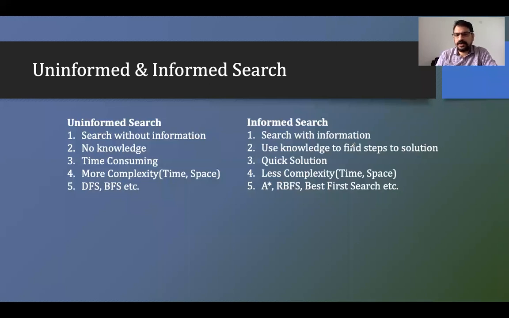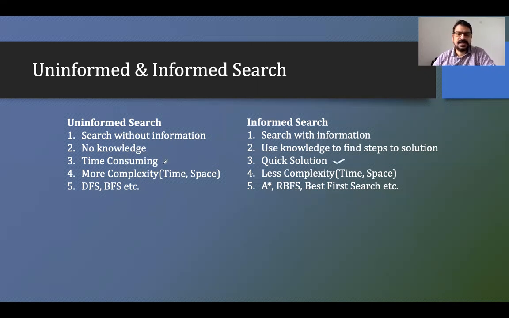But here in the informed search, we use some knowledge, the prior knowledge, which I told you, the prior information, the heuristic value. And based on that, we take the decision whether we have to go in that particular direction or not, right? So that knowledge is there, which is responsible for giving you the quick solution.